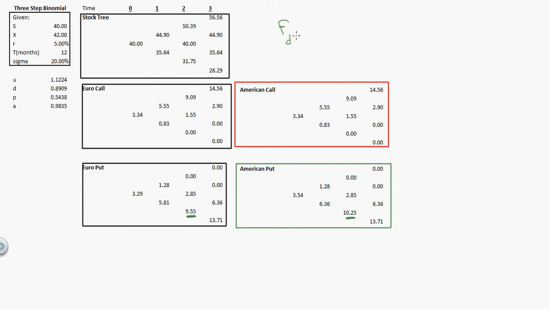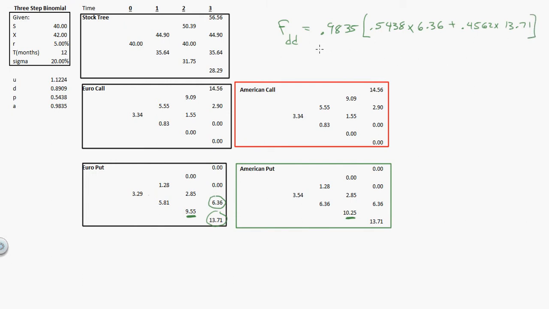So FD is equal to 0.9835, that's my discount factor, times the probability of going up, 0.5438, times if it goes up, it's worth $6.36, plus if it goes down, the probability of it going down is 0.54562, and if it goes down, it's worth $13.71.